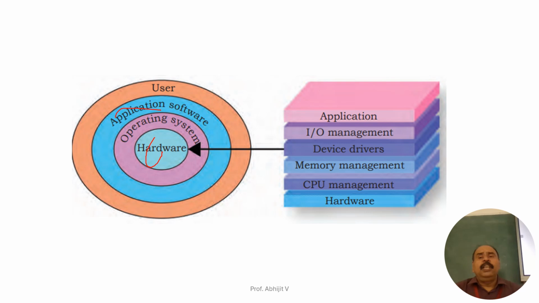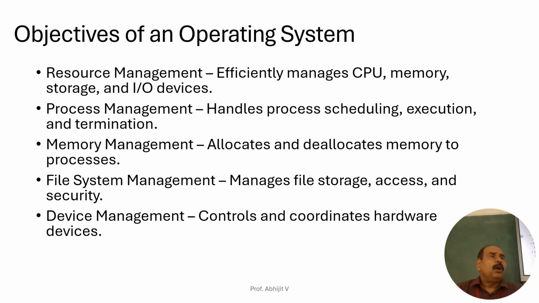So let us see the objectives of the operating system in detail, one by one. As I told you in the example, we are using a railway station or a railway platform as an example here. So what are the reasons, the needs, or the objectives of the operating system?